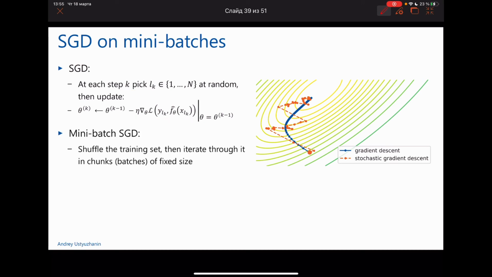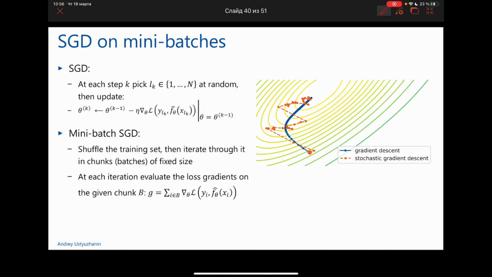To make it more stable, we can shuffle the training set and then iterate through it not by element, but in chunks or batches of fixed size. At each iteration, we evaluate the loss and its gradient given the chunk, computed over the vector of elements of the chunk, and update the weights according to this gradient.